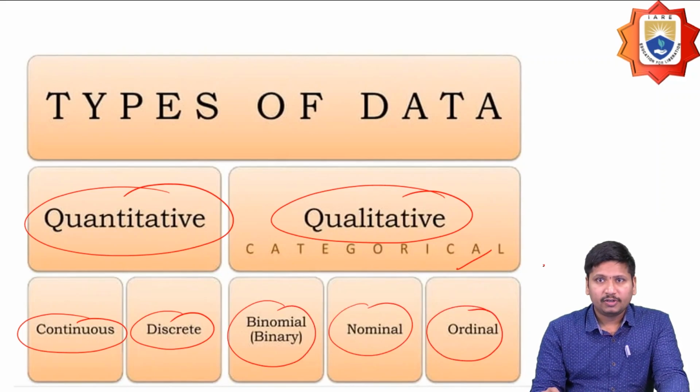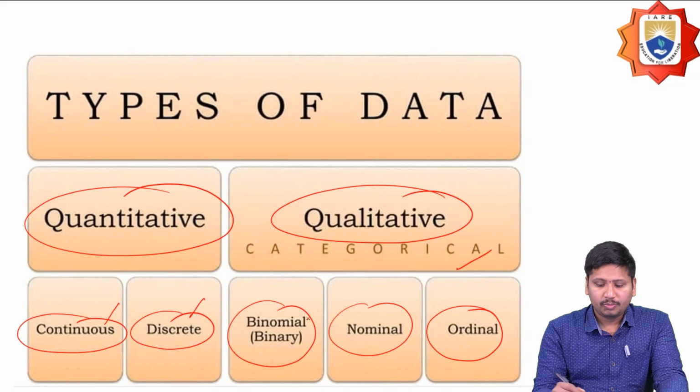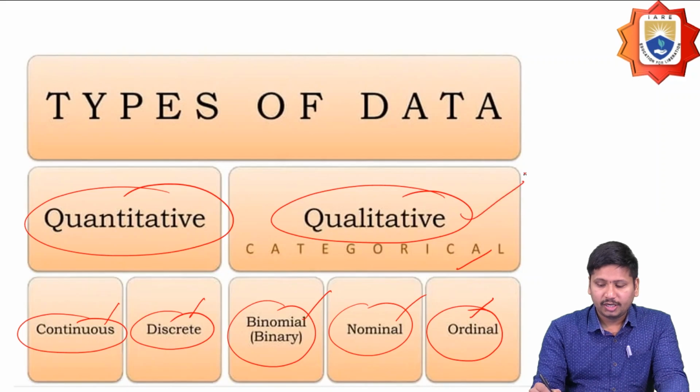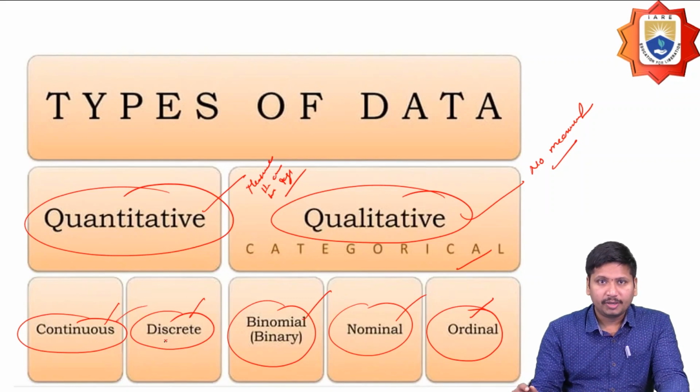For qualitative data, you do not have any kind of measurements. For quantitative data, we have measurements like height in centimeters and weight in kilograms. Continuous and discrete: continuous depends on the time at which we collect the data.